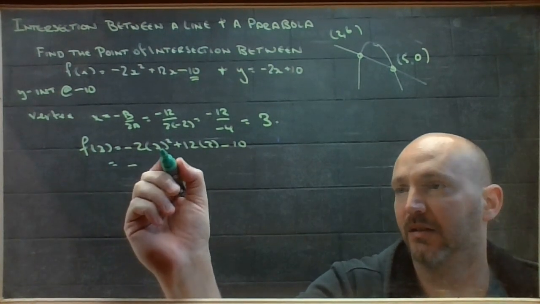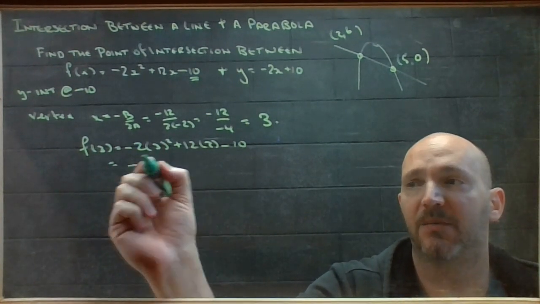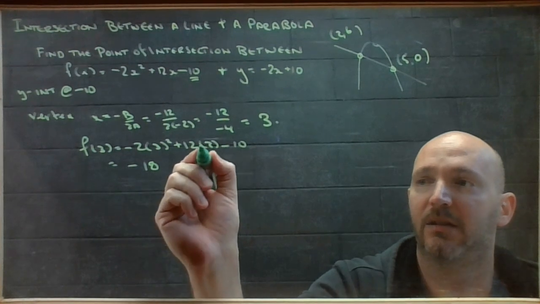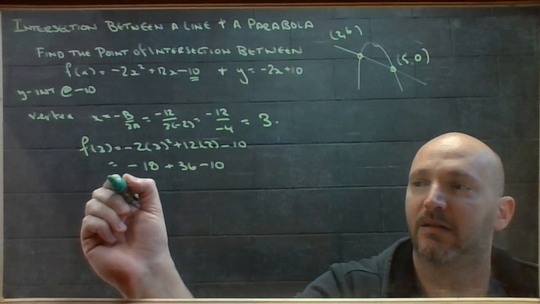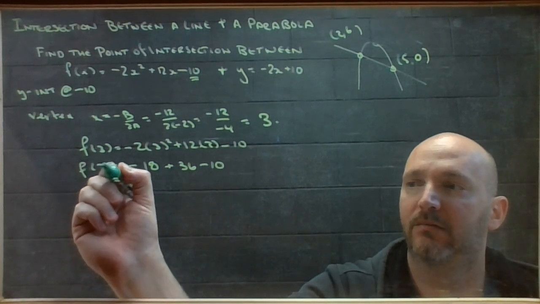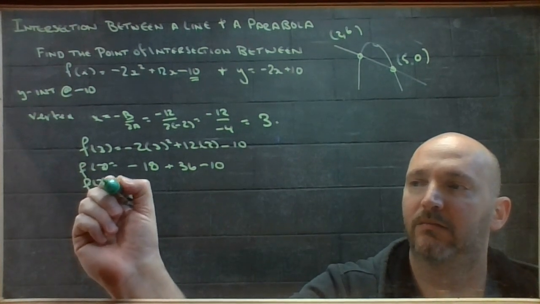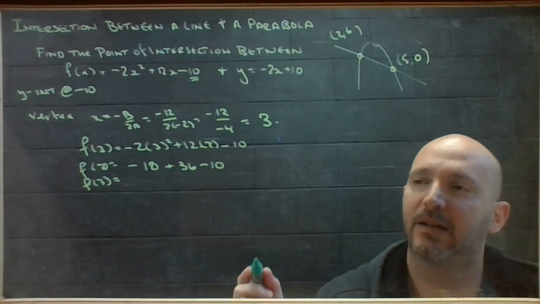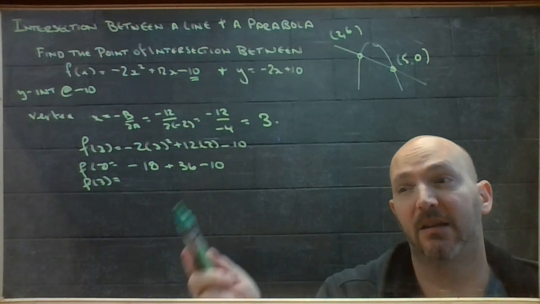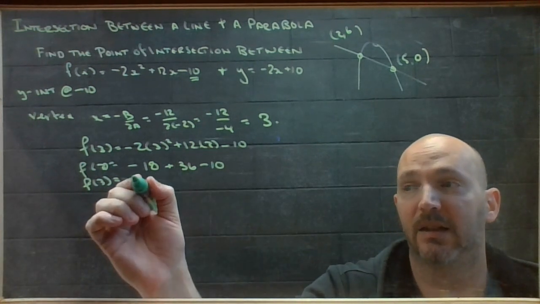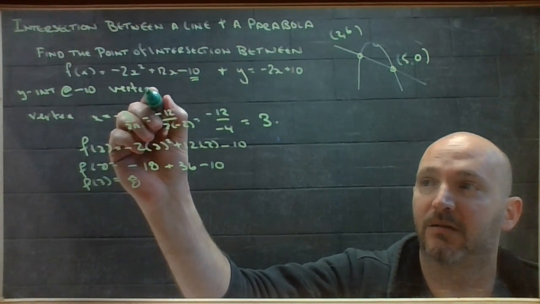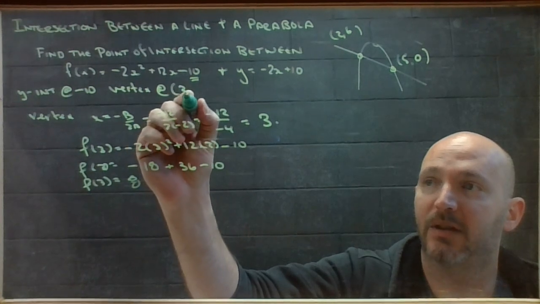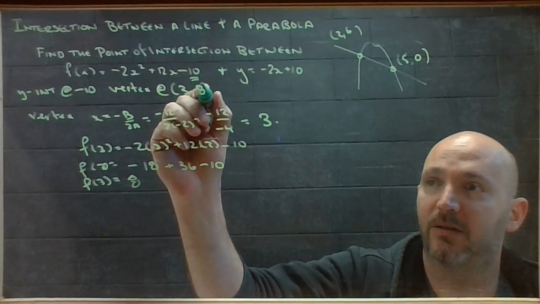That's 3 squared is 9, times 2 is 18. 3 times 12 is 36. Negative 18 and 36 is positive 18, minus 10 is 8. So I'm going to have a vertex at 3 on the x, 8 on the y.